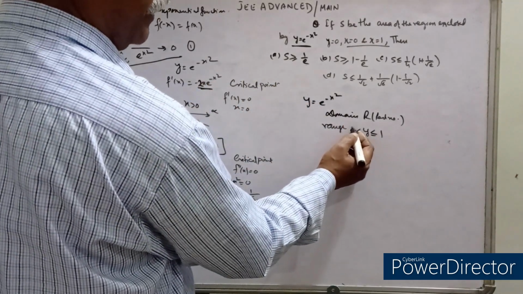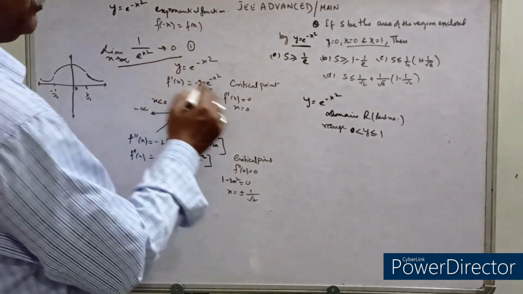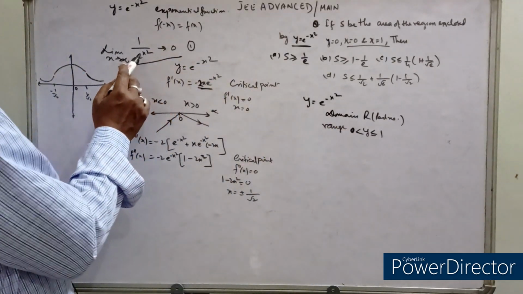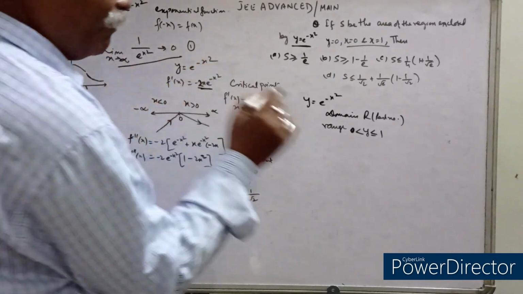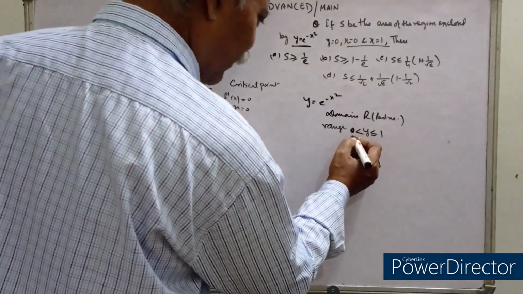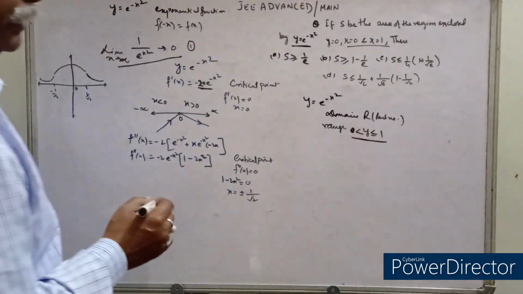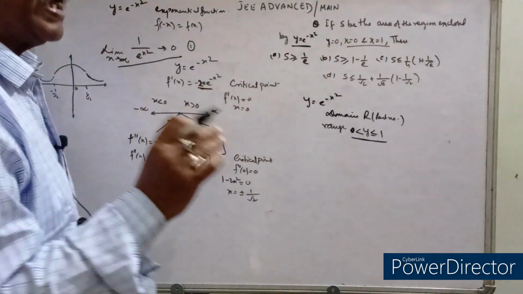So it is greater than 0, not equal to. But you have a y intercept, because at x equal to 0, y is 1. So for this function you have the y intercept, but you do not have an x intercept.